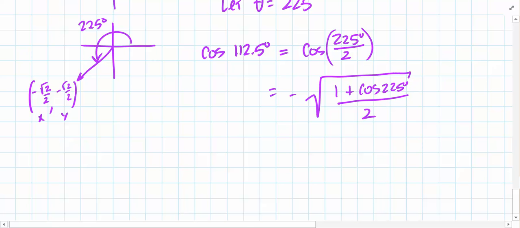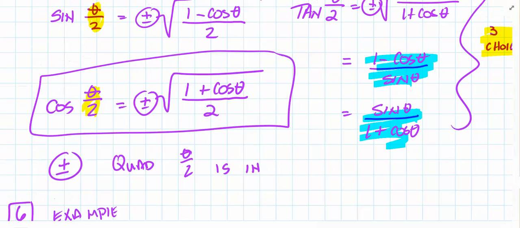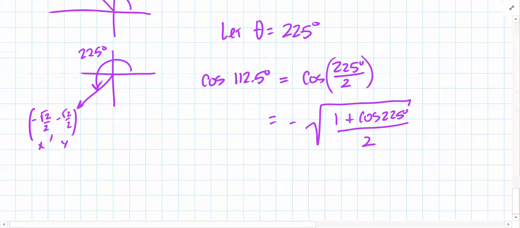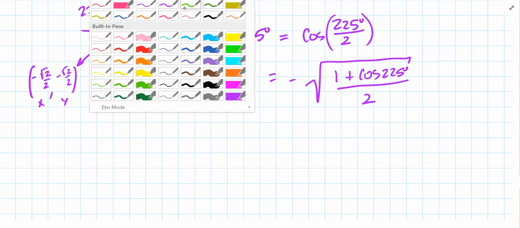I got that straight from that box right there, 1 plus cosine theta over 2. And notice that the theta I used in the formula was the 225, because that's the one that I know. Is this making sense to you guys?